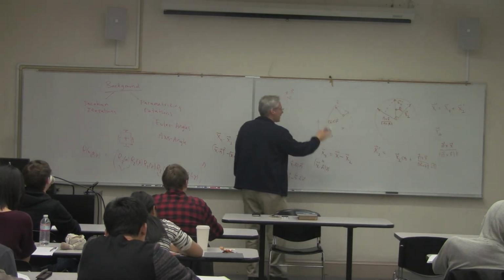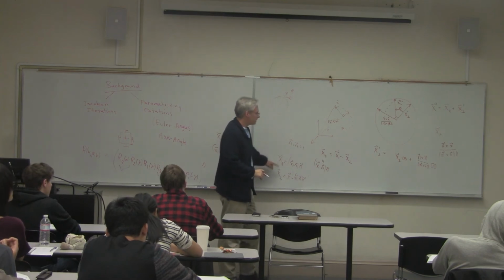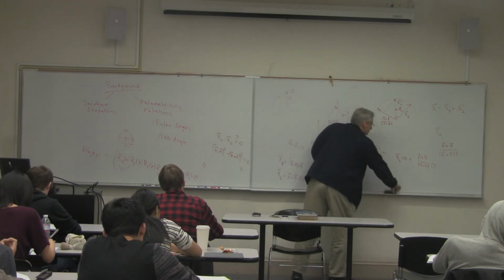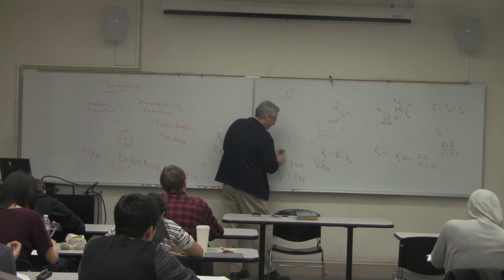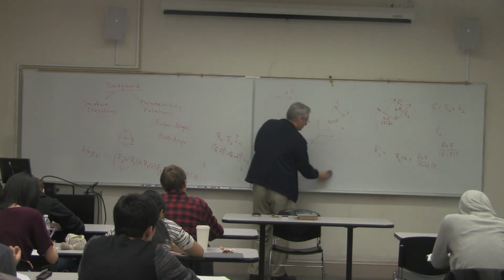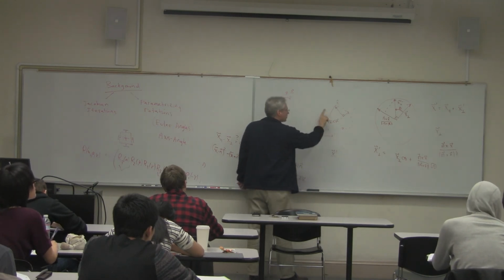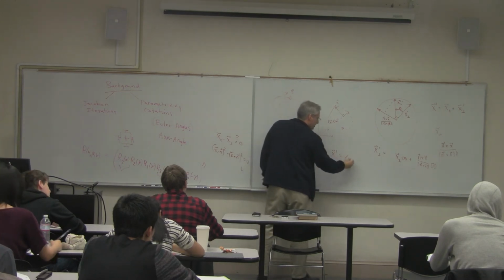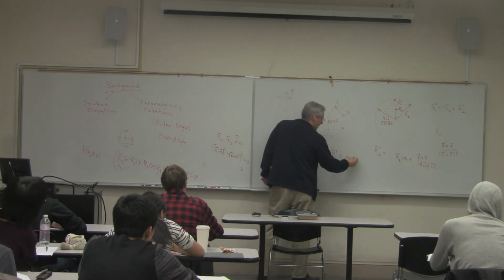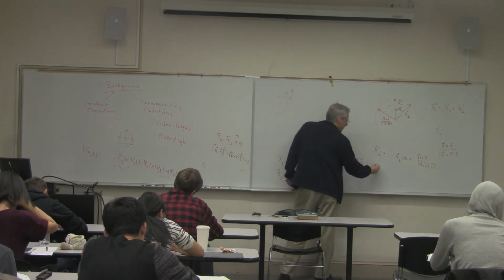And if I add that back to the parallel one, then I'm going to get the new x prime. So the new vector is going to be the parallel part, which is x dot n times n, plus this over here.